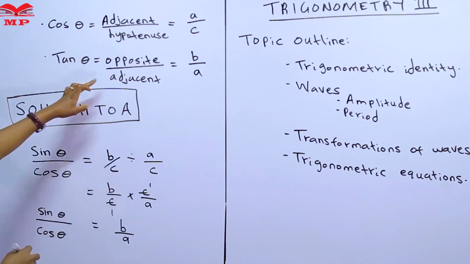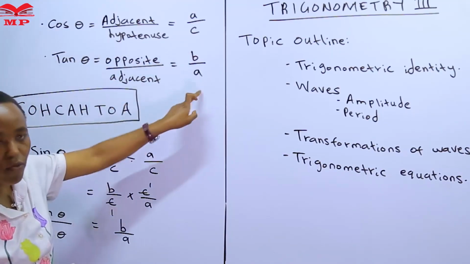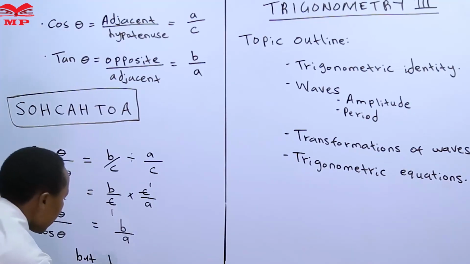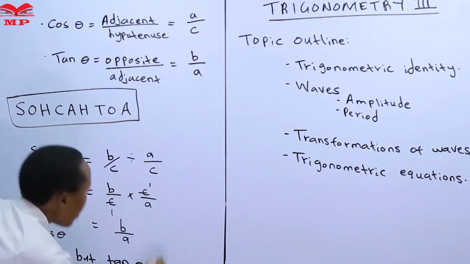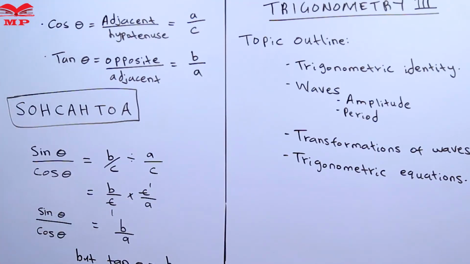And if you are keen enough, you can see that tan theta is the one that is equal to B over A. We know very well that tan theta is equal to B all over A. And therefore, we can conclude that sin theta all over cos theta is equal to tan theta.